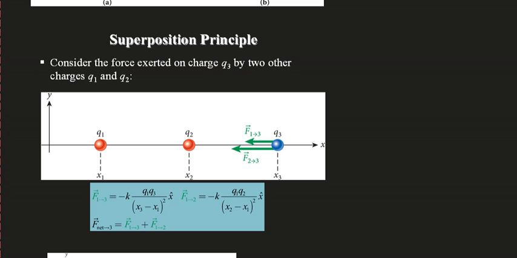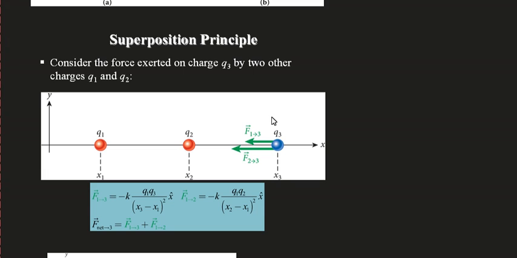Maybe because of the representation or the diagram here, there is a little bit of confusion about what the superposition principle is. The superposition principle, by the way, is the process of solving the net force exerted on a certain point or on a certain charge.